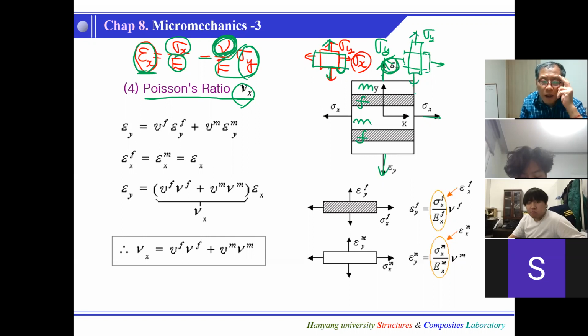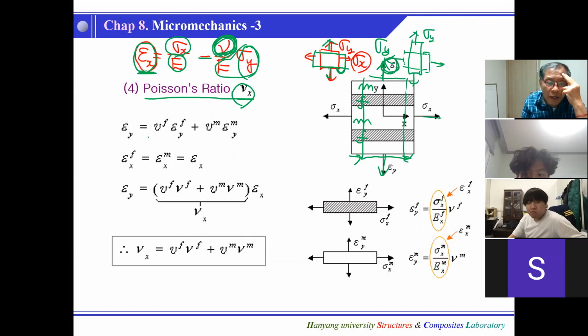And what we would like to know is how much it will be contracted here. That's the amount we would like to know.